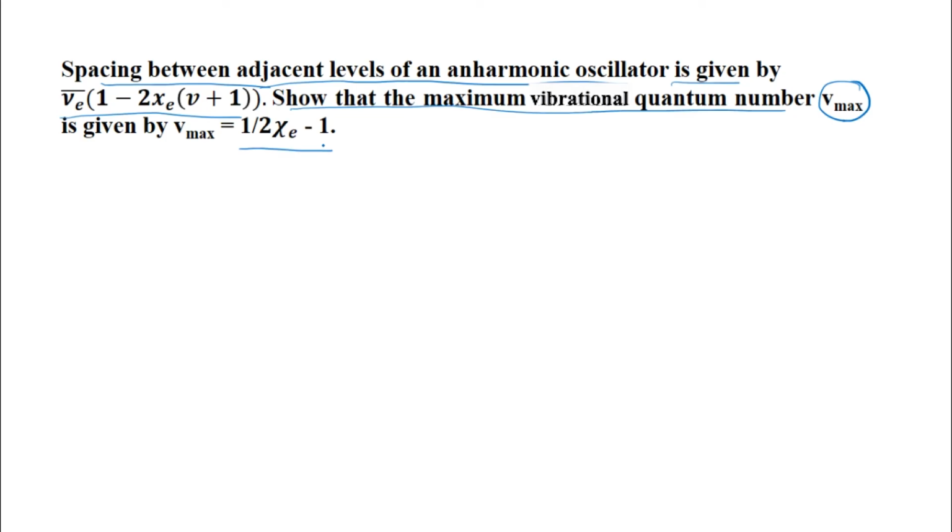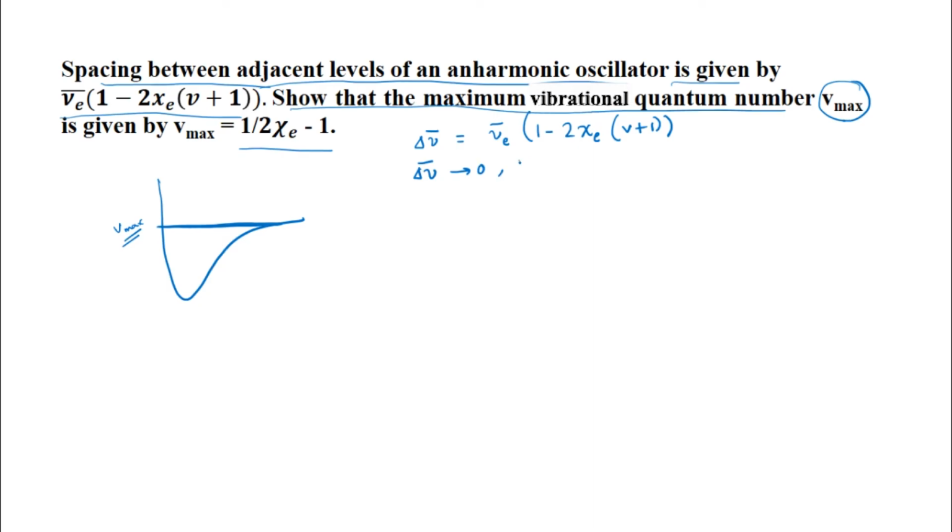So, if we draw this anharmonic potential, the maximum vibrational quantum number V, that is V max, appears. So, in other words, it has been given that delta nu bar equals nu bar E times 1 minus 2 chi e times V plus 1. So, at the dissociation limit, this delta nu bar will approach 0, and that means V will approach V max.